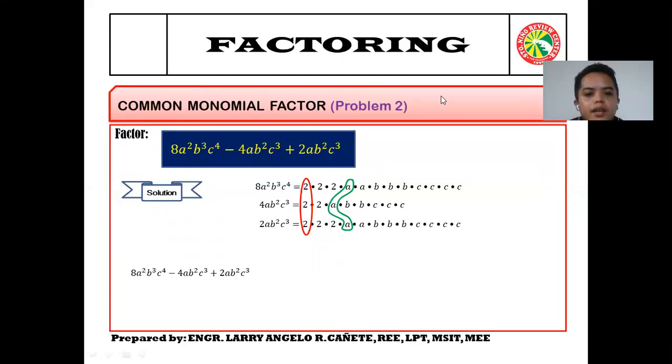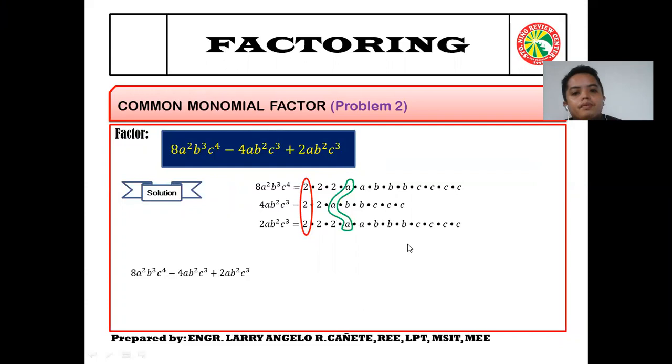It's easy to verify your answer because you only look for the variable a here. As you have noticed, there is only first degree a common, so checking a squared, a, and a, it is first degree only.